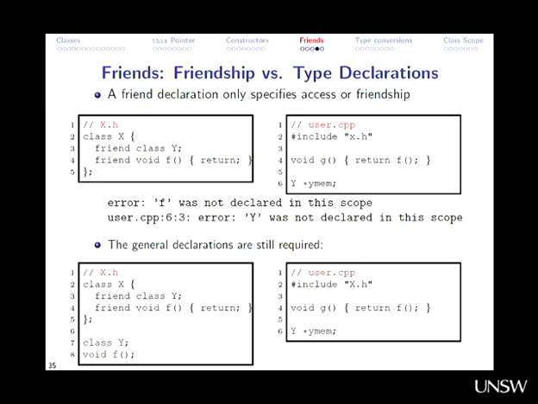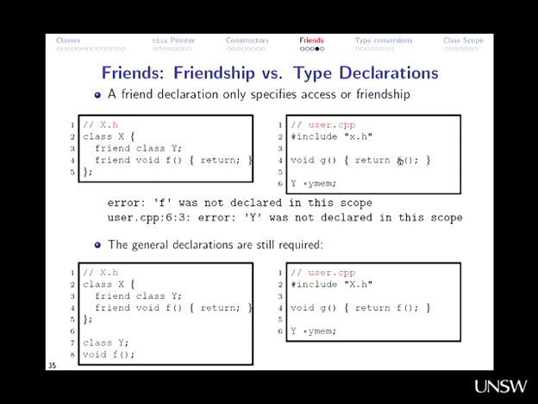Now, there is a difference between friendship declarations and type declarations. We've got x.h. It declares a friend class y, and it declares a friend function which is actually declared inline, to do nothing. This first function inside user.cpp works fine because it's declared inline.